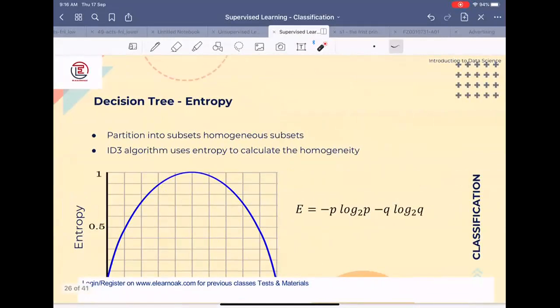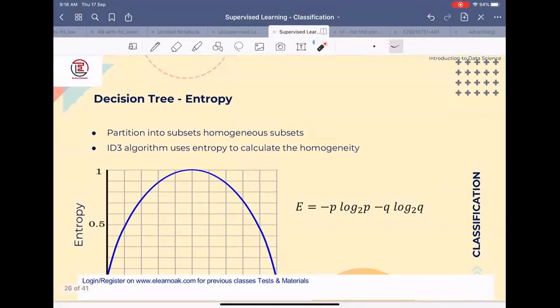Before we try to understand how these things work out, we need to know a little bit of math, which is relevant to our algorithm, and a few concepts. One of those concepts is called entropy. I hope some of you may have heard what entropy is.